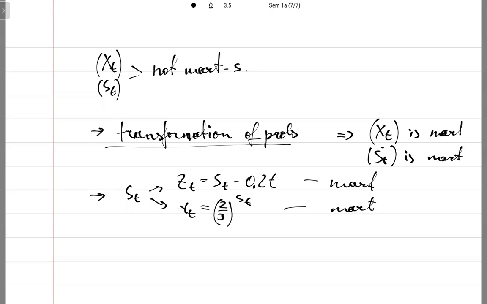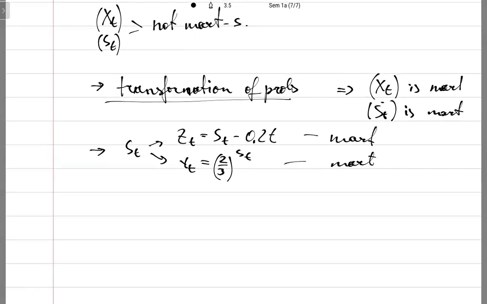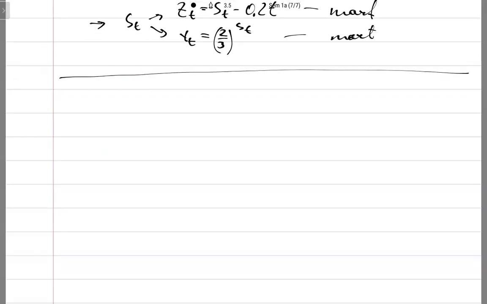So my main point is that martingales have very easy properties, and let's check them. Imagine that Mt is some martingale.